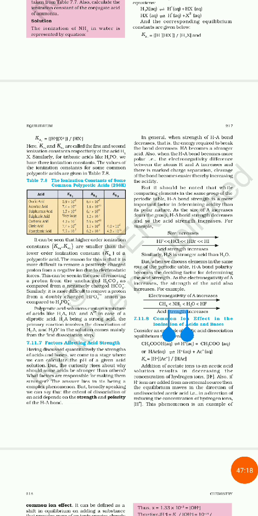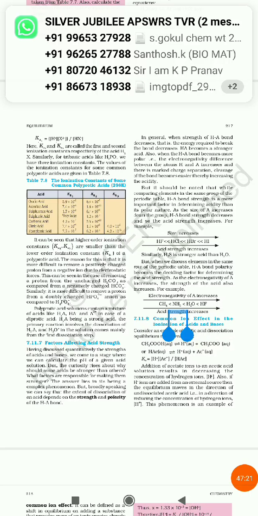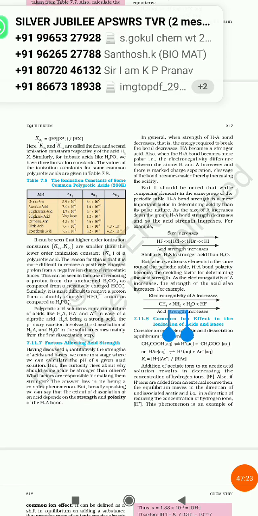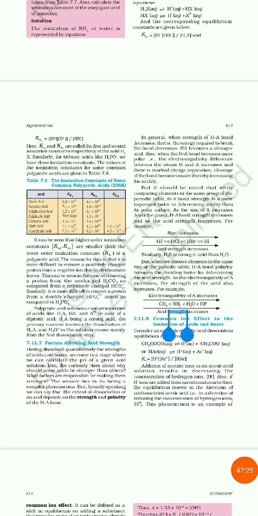Acidic strength also depends on the dissociation constant. The acid that dissociates more shows more acidic character. So these are the factors: size and electronegativity.